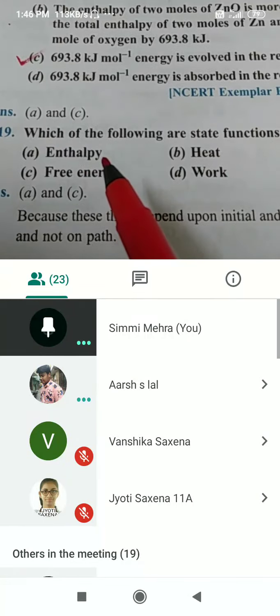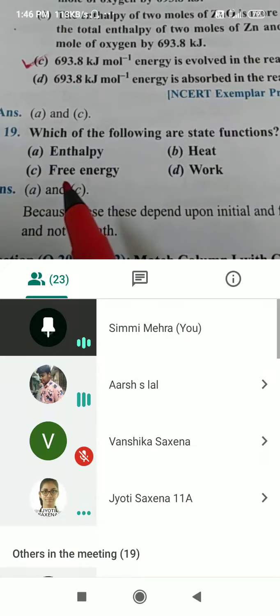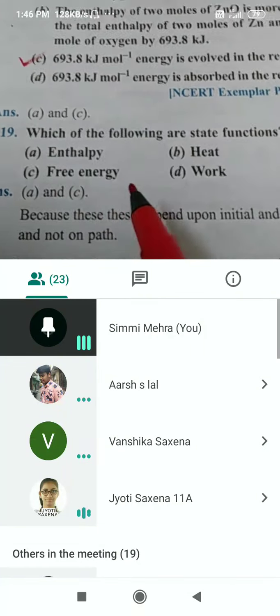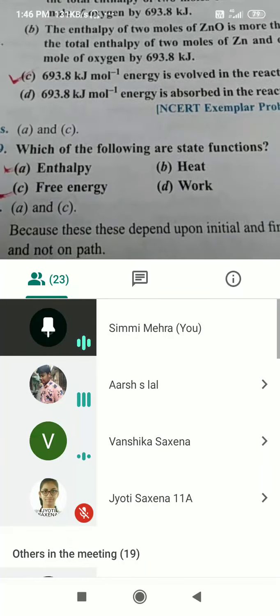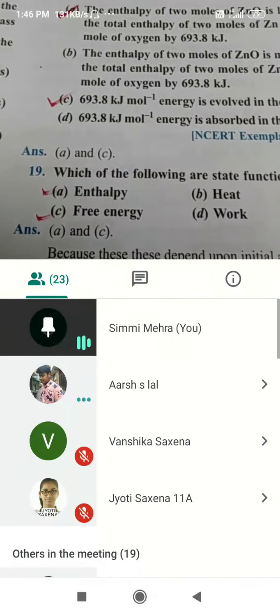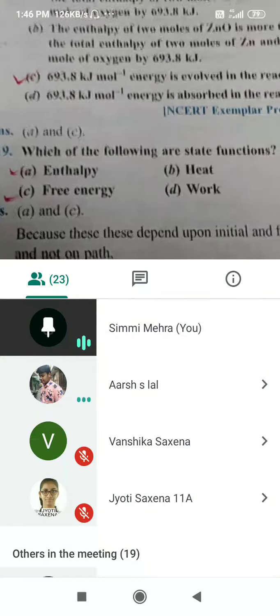Enthalpy is state function. Gibbs free energy is the same. And heat and work, they are path functions, they depend on the path by which you achieve.